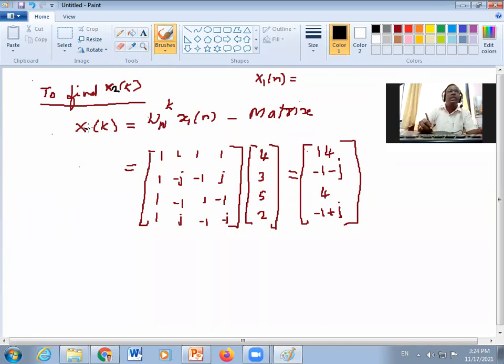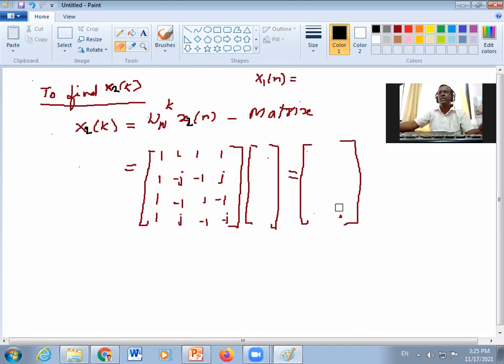Here the multiplication will be with x2 of n, and here these values we need to replace. You need to remember this matrix will remain the same.